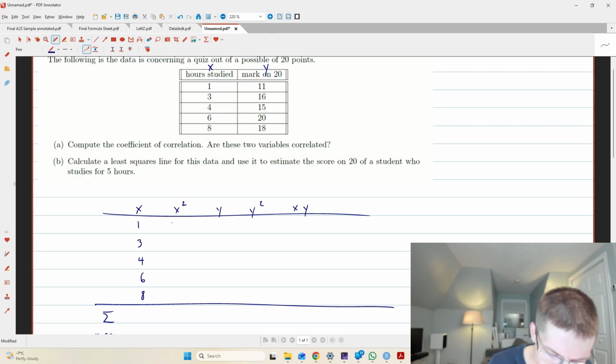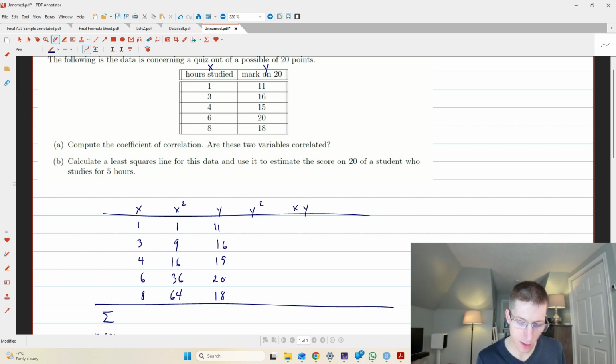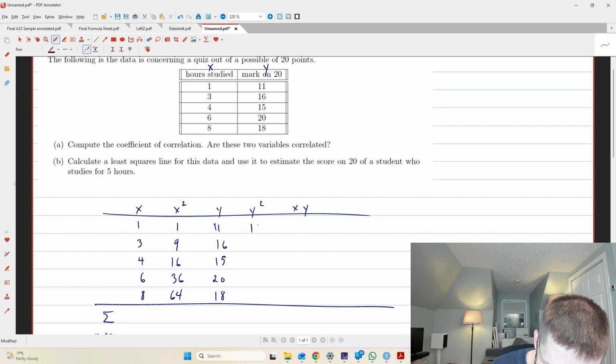So X squared: 1, 9, 16, 36, 64. Y is 11, 16, 15, 20, and 18.